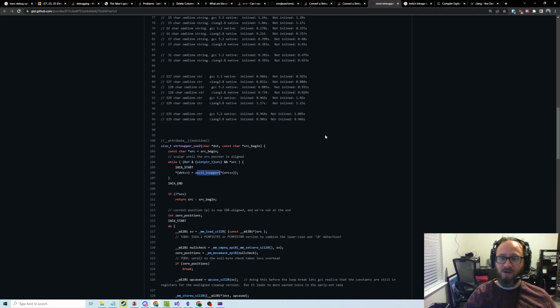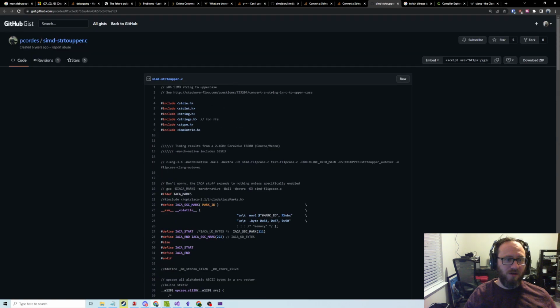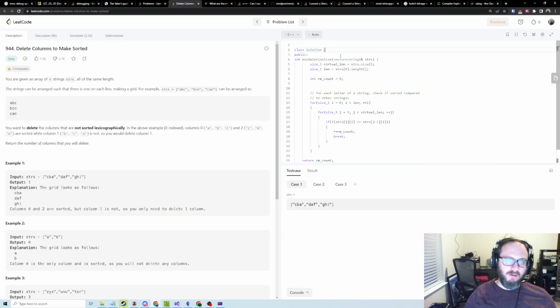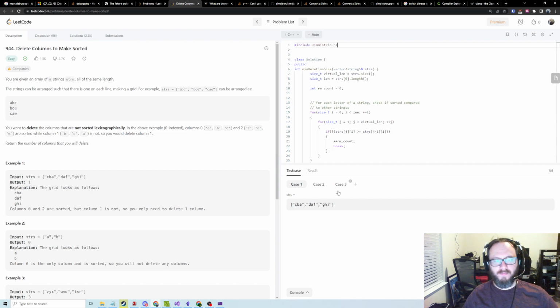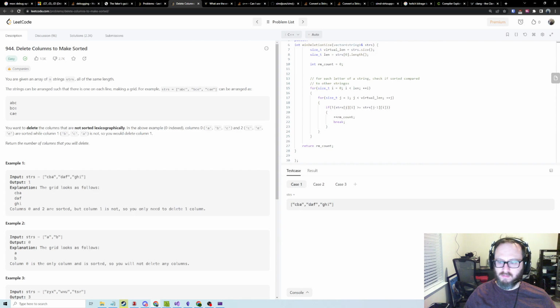I just don't know how to do it myself, and I don't know if LeetCode will even let you use it. I don't know why they wouldn't. I just don't know if they do. Let's see if we do run here for this. Let's see if just adding that header breaks anything.